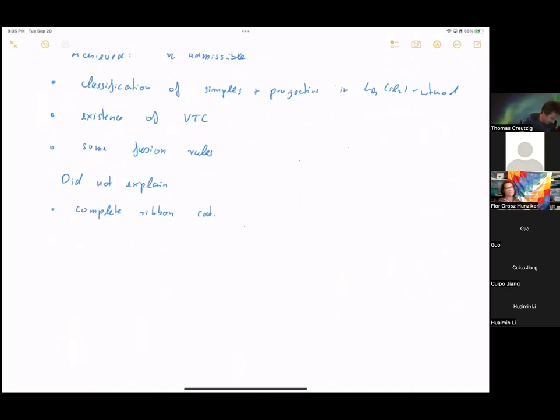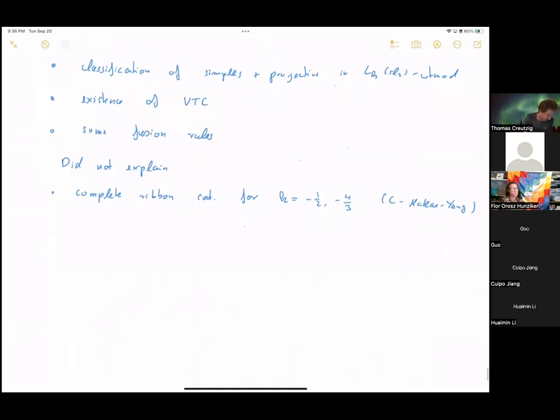The complete ribbon category, we would like to know this for all levels, but at least for 2 of those levels, I mean -1/2 and -4/3, one can prove that every object is rigid, and one can determine all fusion rules so that one can be completely happy. And this will appear super soon, I think, maybe if we are good next week on the arXiv, maybe in 2 weeks, I don't know.